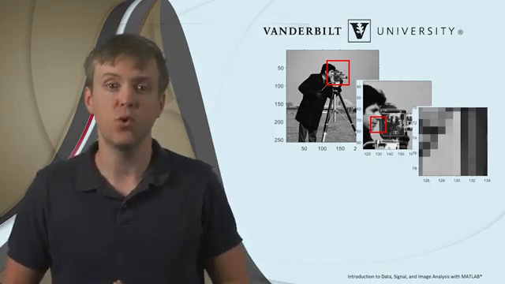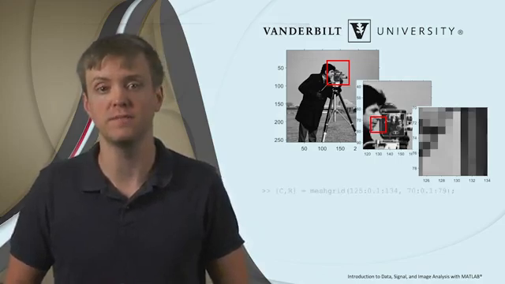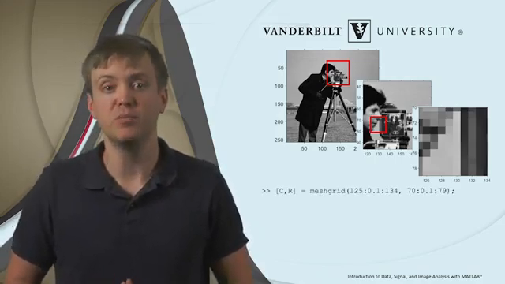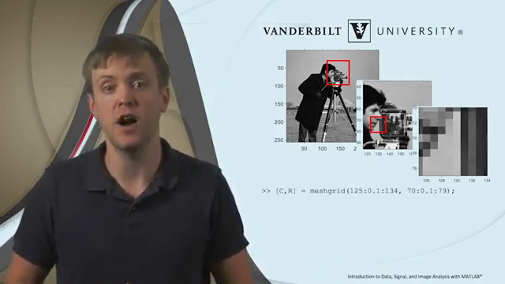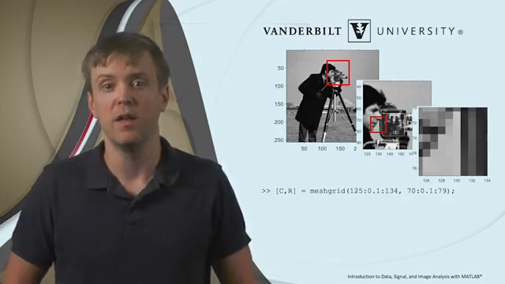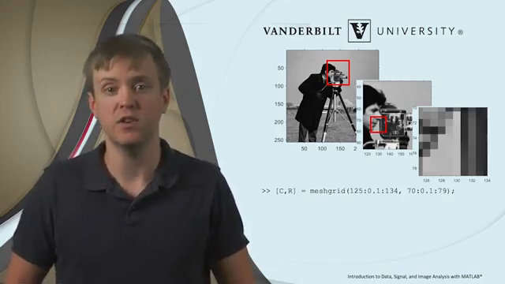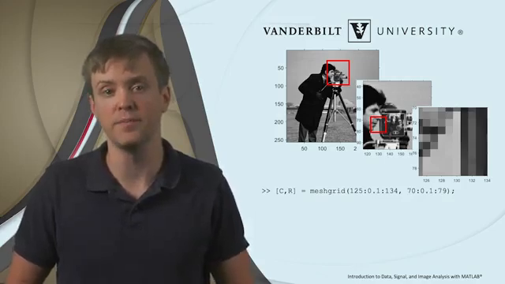To create this grid of coordinates, we can use the meshgrid function. Meshgrid produces for us our matrix of column coordinates in big C and row coordinates in big R that we want to interpolate. The first input to meshgrid is a vector of the row coordinates we would like to sample, which are rows 70 to 79 in steps of 0.1.